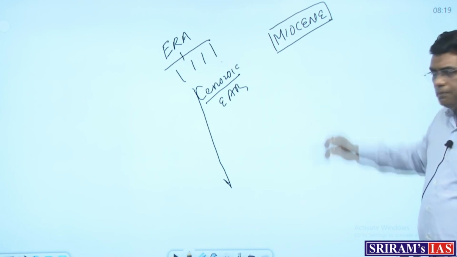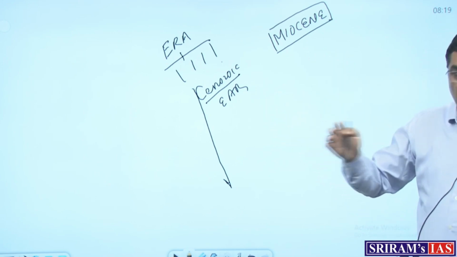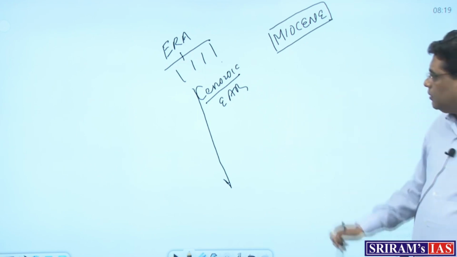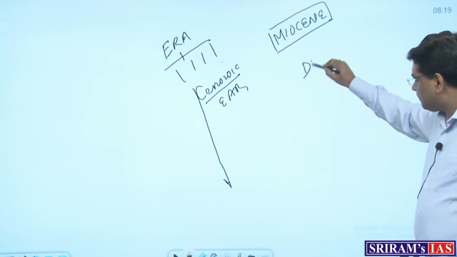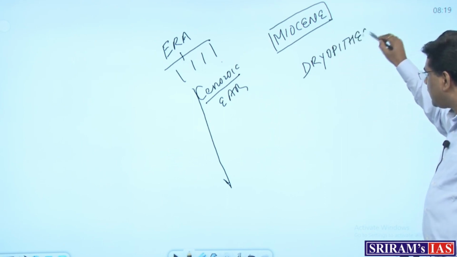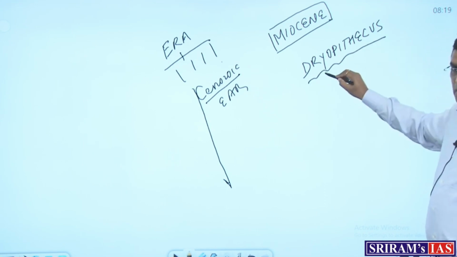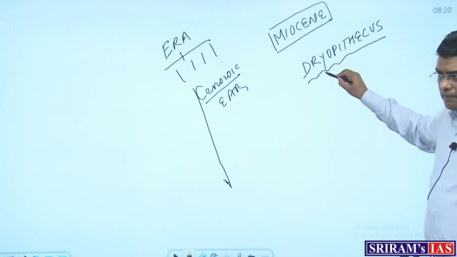So in the Miocene period, there was a huge ape, cylindrical, buffalo type ape, Dryopithecus. Scientists found out the evolution of human from here. Complete ape, huge shape, buffalo type ape.